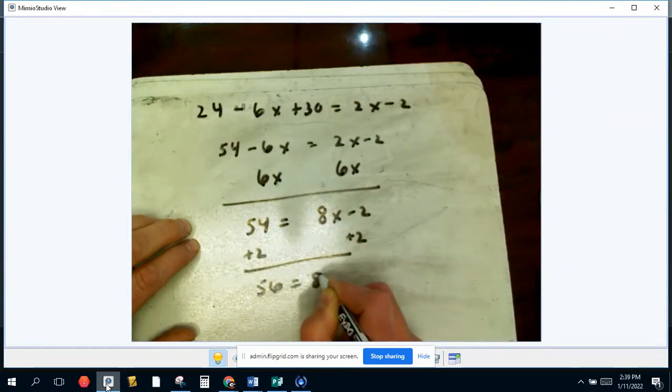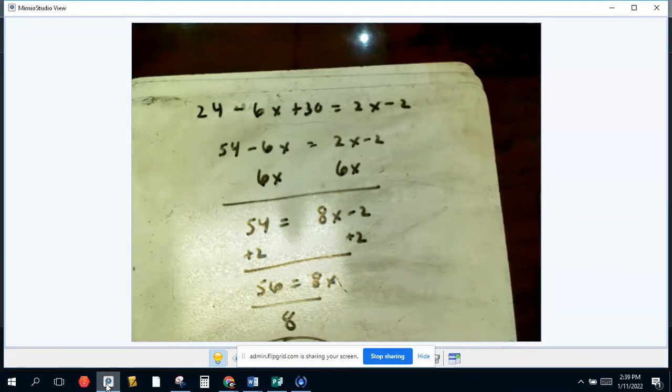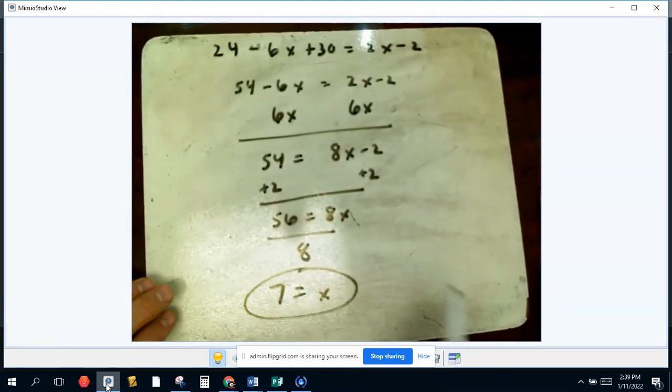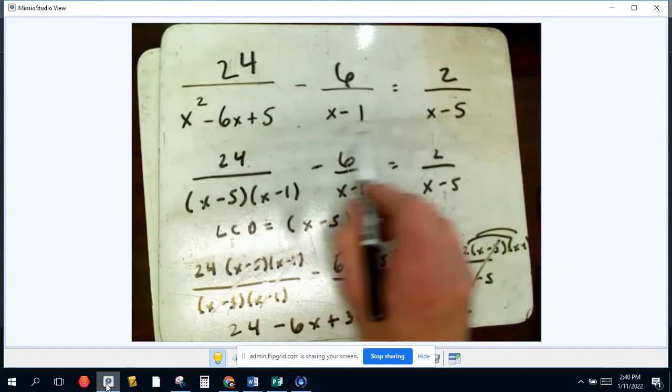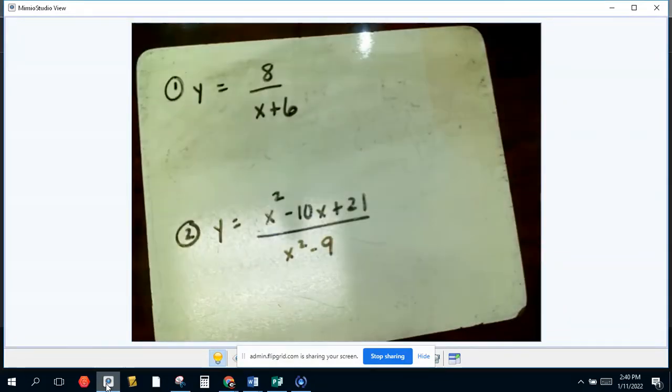And eventually we'll get x equals 7. Make sure that this is not at an excluded value. Okay, and it's fine. 7 would not make any of that become 0.